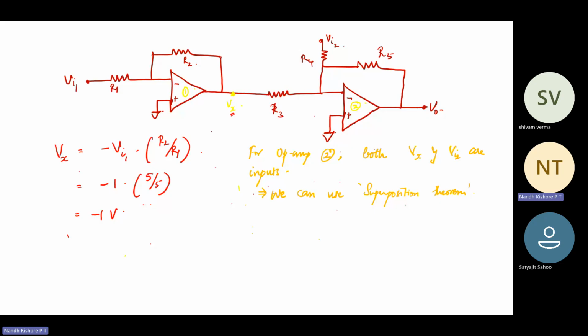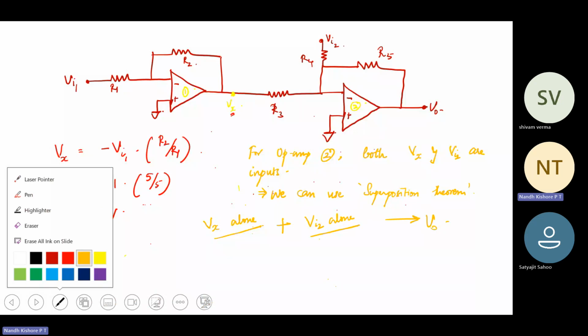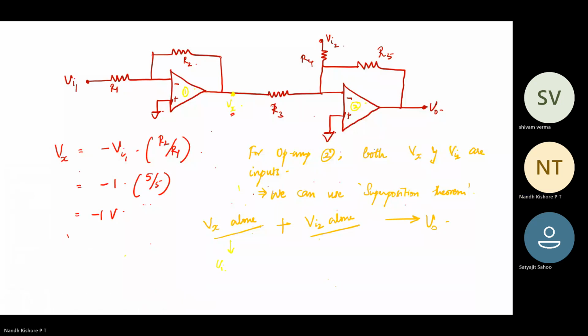So see the effect of Vx alone, and Vi2 alone can be the other case. If you sum the responses of both of these up, you can get V0. If I have to consider Vx alone, then it automatically means Vi2 equals 0. And if I consider Vi2 alone, it automatically means I should keep Vx equal to 0. That is a given.